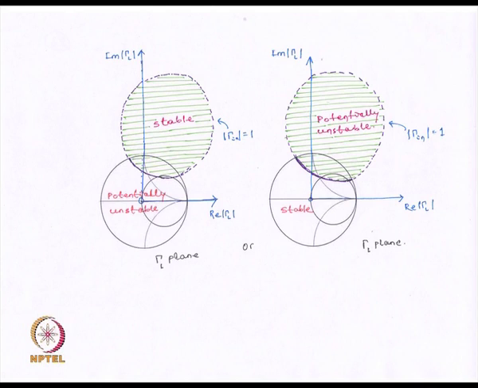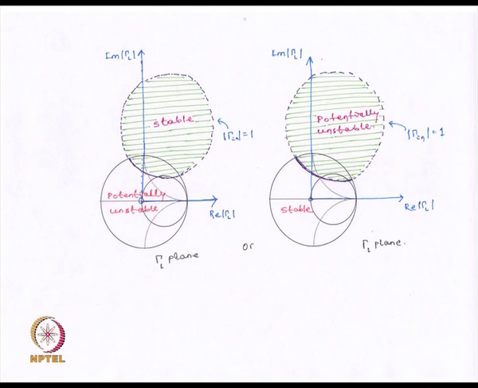Just the reverse in the case where modulus of S11 is lesser than 1: the origin point lies in the stable region, and since the origin is outside the output stability circle, all points inside the output stability circle must correspond to a potentially unstable state.